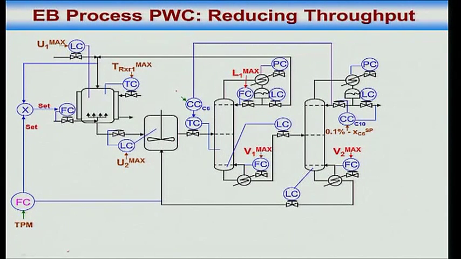When I do that, my production will decrease further by about 4 or 5%. Okay. Then if I want to reduce production, it turns out that V1 max is the last constraint to become active. For this process, V1 max is the last input constraint to become active. So I use that as the throughput manipulator. Now as I am reducing the throughput, if I keep V2 max at V2 max and L1 max, what's the problem?